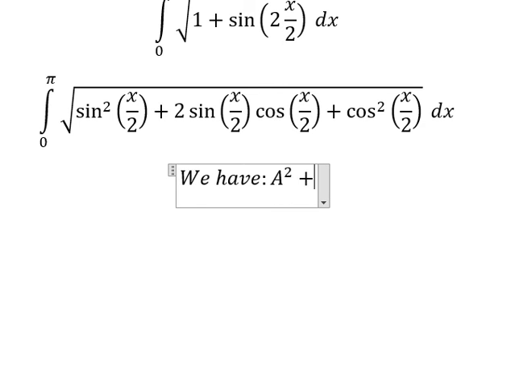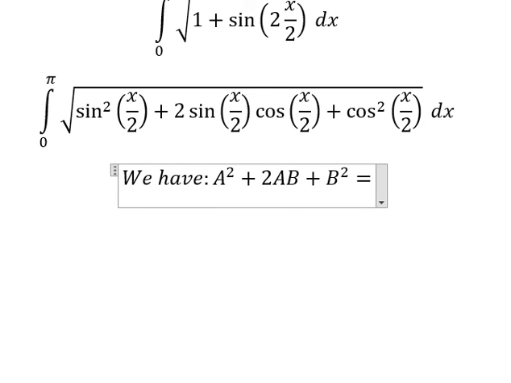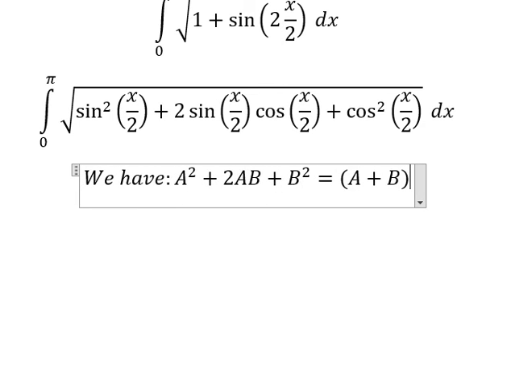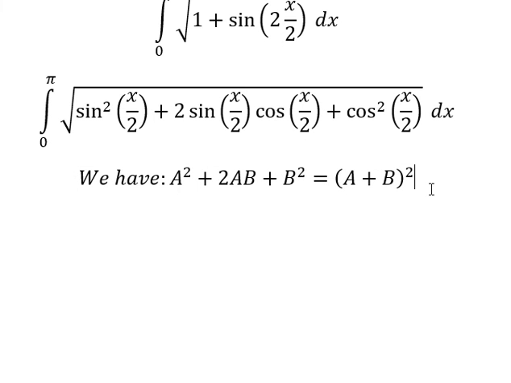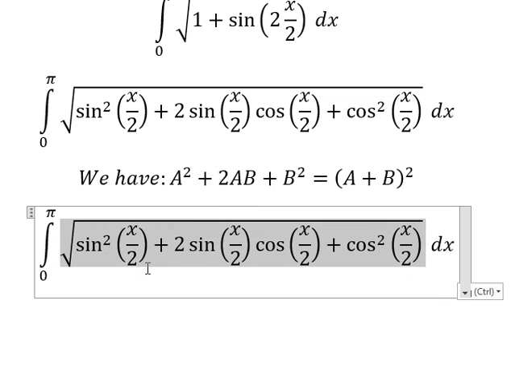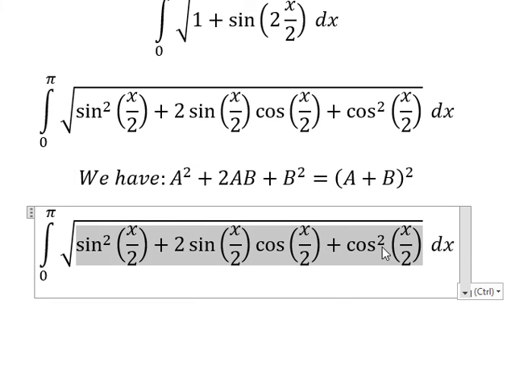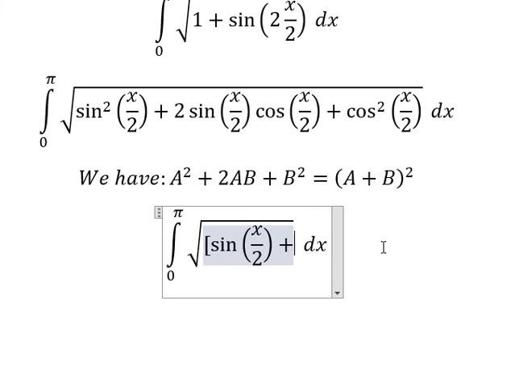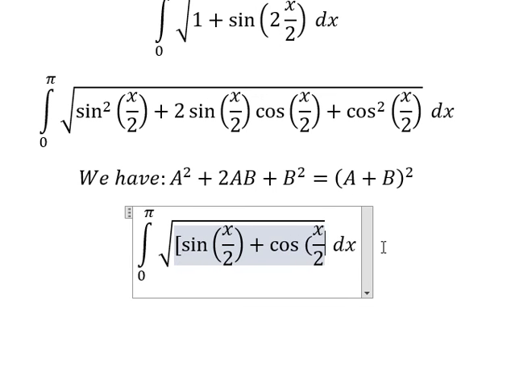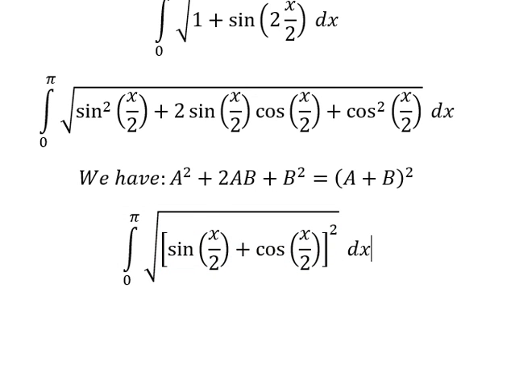A square plus 2ab plus b square equals a plus b to the power of 2. So this one we transformed into this one. So we have sine of x over 2 plus cosine of x over 2, everything to the power of 2.